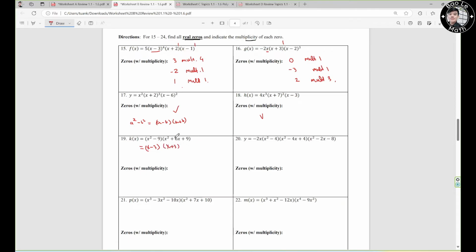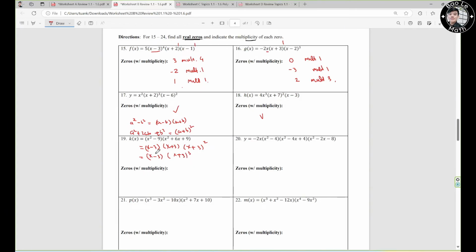And then this one right here, I use the complete square formula: a squared plus 2ab plus b squared is a plus b all together squared. Or you can factor trinomials and you still get the same thing. So it's going to be s plus 3 altogether squared. So I'm going to combine: s minus 3, and s plus 3 times s plus 3 squared is going to be s plus 3 cubed.